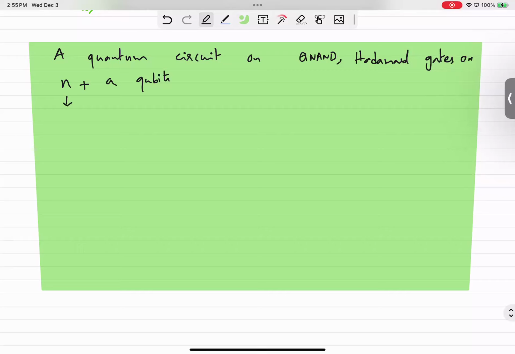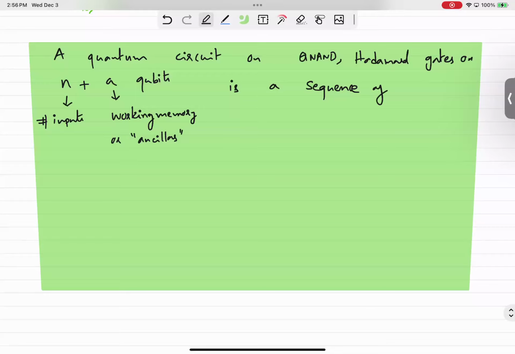So n is the number of inputs, a is working memory or ancillas. Okay, is a sequence of gates.